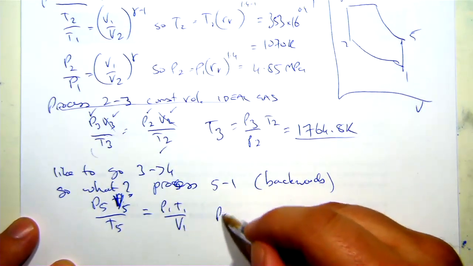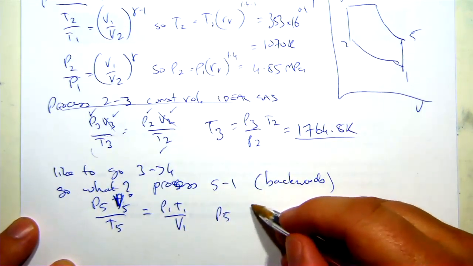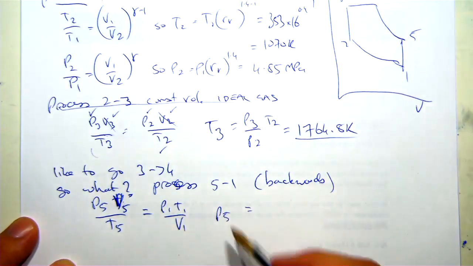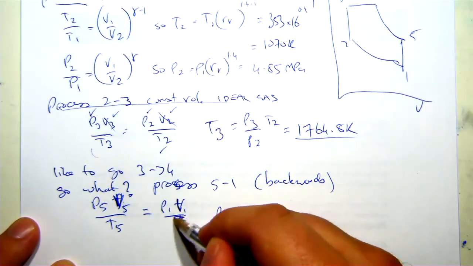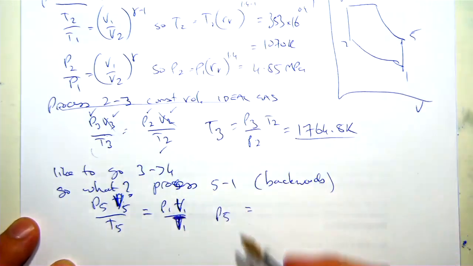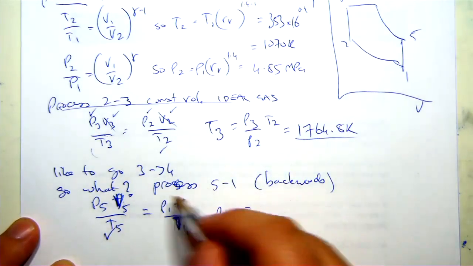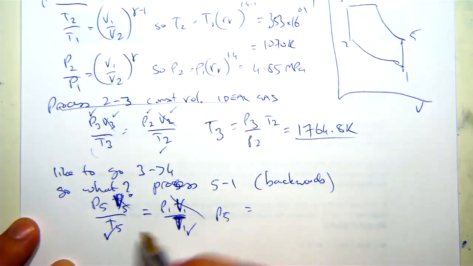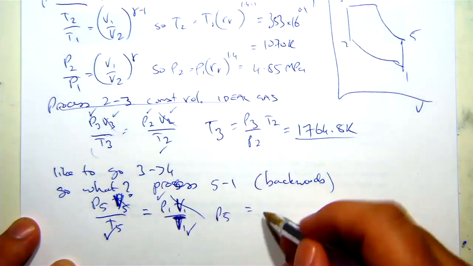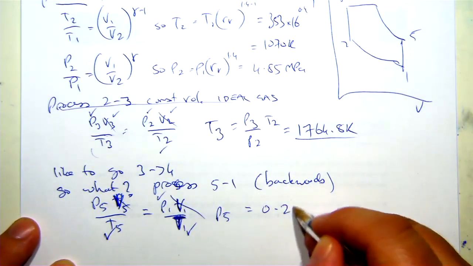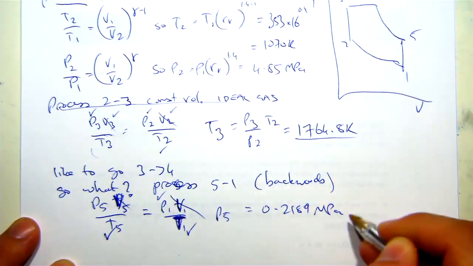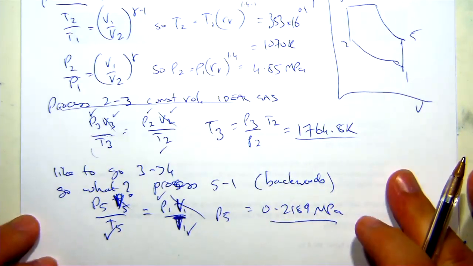So, P5, if I substitute in for all of those, remember, it's a constant volume process, so P5 is going to equal 0.2189 megapascals if I substitute all that in.